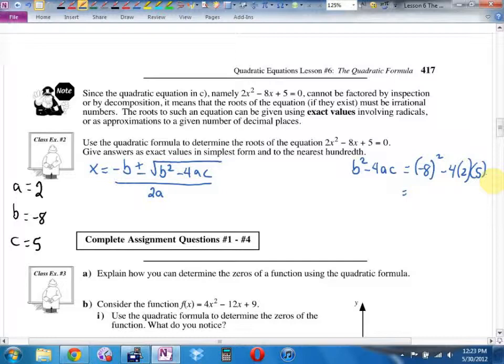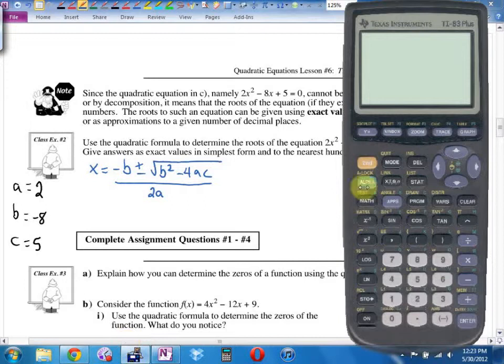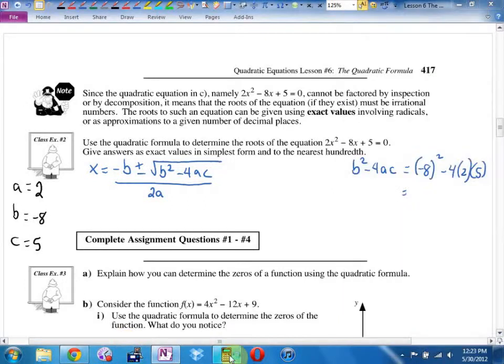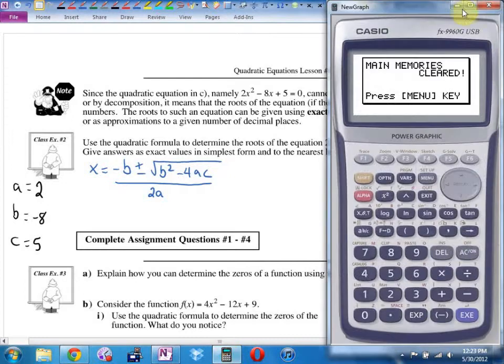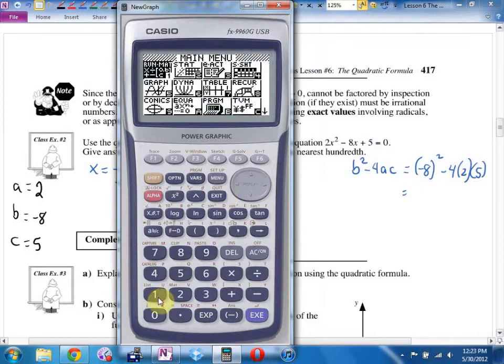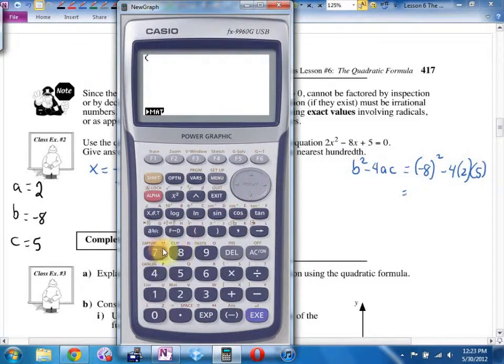Now, if you're using the graphing one, I would go menu, run, bracket, negative 8, there's the squared, minus 4 times 2 times 5. I use timeses rather than brackets on calculators because it's easier to see what's going on. What's inside the square root? 24? Yes.